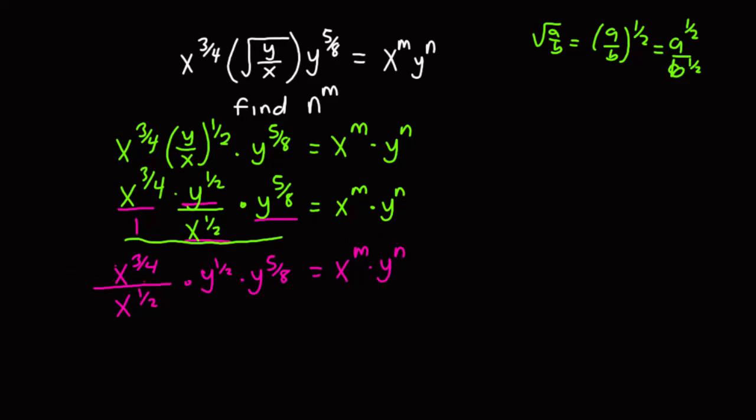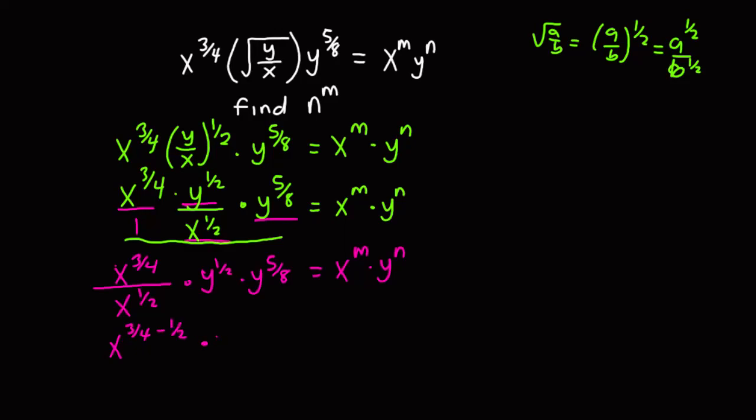From the law of indices, when we have the same base but dividing, we are going to subtract the exponent of the denominator from the exponent of the numerator. So this gives us x exponent 3 on 4 minus 1 on 2.